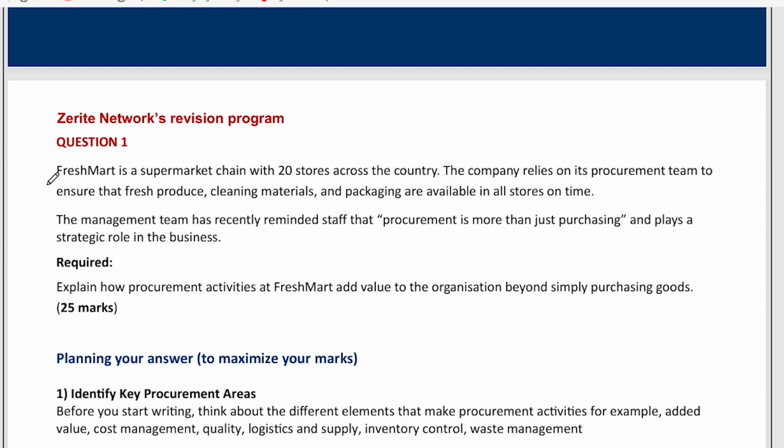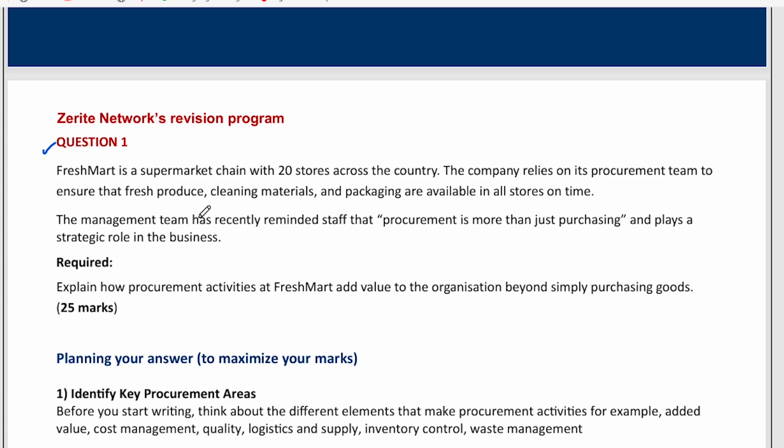In this case, we have Freshmart. Freshmart is a supermarket with 20 stores across the country. The company relies on its procurement team to ensure that fresh produce, cleaning materials, and packaging are available in all stores on time.